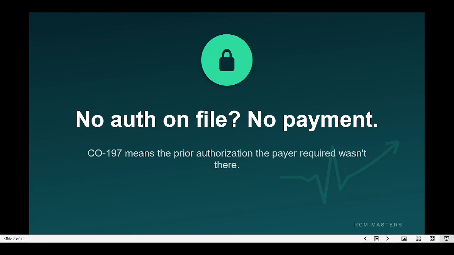Here's CO-197 in plain English. The payer is saying the service needed prior authorization, pre-certification, pre-treatment approval, whatever they call it. And when your claim came through, that authorization was not on file. No auth on record means no payment until you fix it.